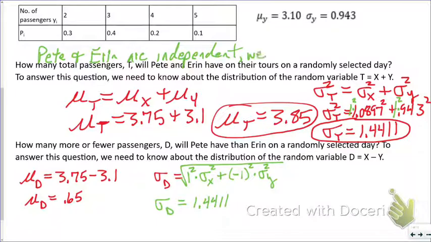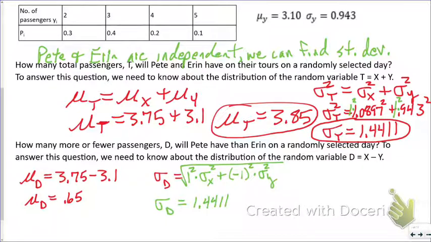We can find standard deviation. Think about it for a minute. If Pete and Erin were working in the same town doing Jeep tours, if someone picks Pete to do a Jeep tour, they're obviously not going to pick Erin and her business is affected, or vice versa.